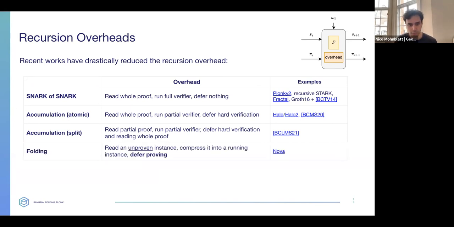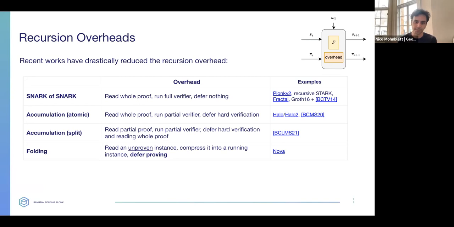And then you have the Nova approach, which you could argue is also a folding scheme and a split accumulation scheme. We can talk about that afterwards, how folding falls under split accumulation. But what you do with folding is you defer proving, actually. You work with instances and witnesses, unproven, and you compress them into each other.